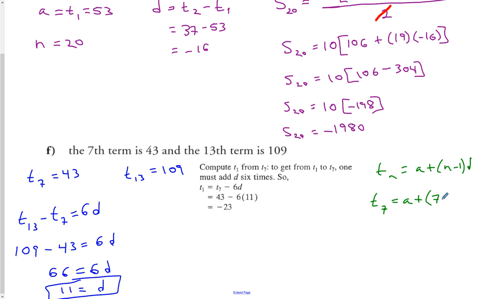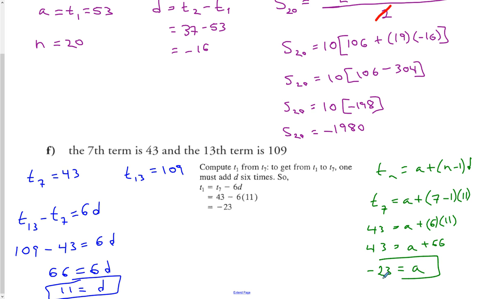So since it's term 7, we're going to go 7 minus 1. And we know our common difference is 11. And term 7, of course, is 43. So this is what we're going to end up with. 7 minus 1 is 6 times 11. So now let's solve for A. Subtract 66 from both sides, and we end up with negative 23.